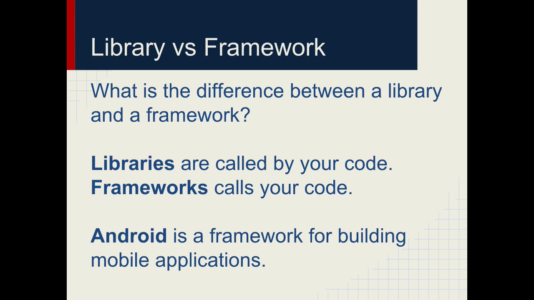So can anyone talk about why there's a difference between a library and framework, or what some of the differences are? Yes? I think when we call it a library, we expect it to return us something, so that we can continue with our code. And a framework is when it will build your code somehow into the final product.